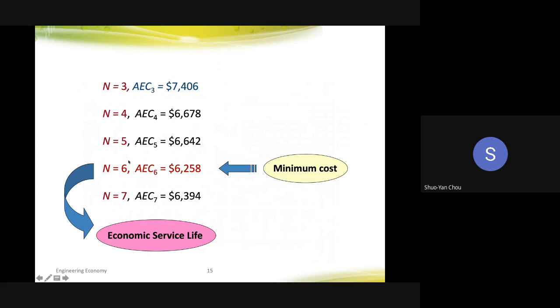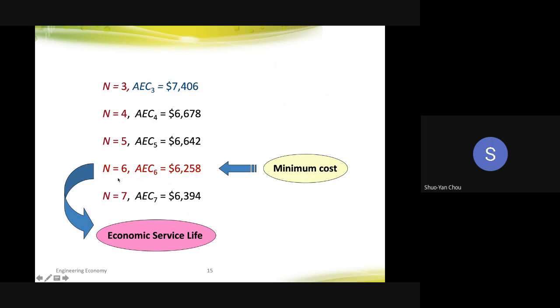So the strategy will be to replace the machine every 6 years, because it gives us the lowest annual equivalent cost. If you look at the cash flow, it will be just the same value over time, and this value is lower than these values. So every 6 years we'll replace the machine, assuming that our decision horizon is from now until the end. There's no end. Things will just happen recurrently.